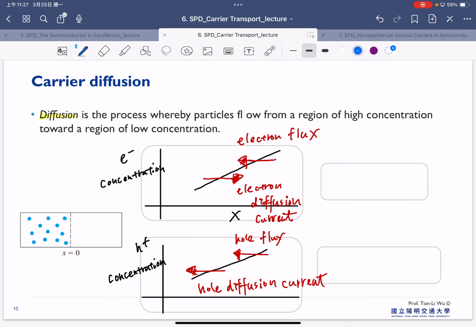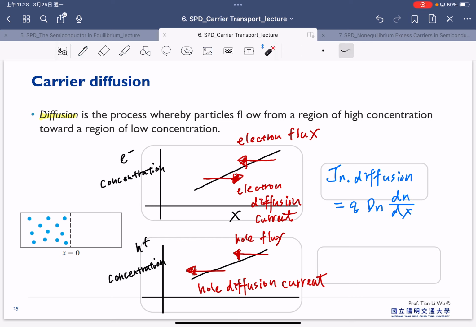Now, how do we estimate the diffusion current? The electron diffusion current Jn is equal to q Dn dn/dx.